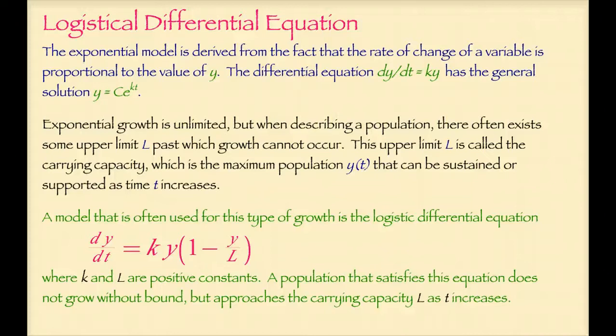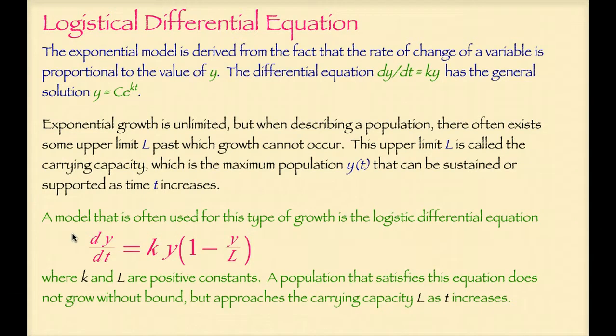Exponential growth is unlimited, but when describing a population, there often exists some upper limit L past which growth cannot occur. This upper limit is called the carrying capacity, which is the maximum population, y of t, that can be sustained or supported as time t increases.